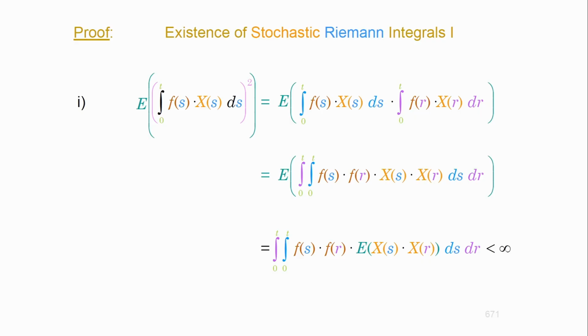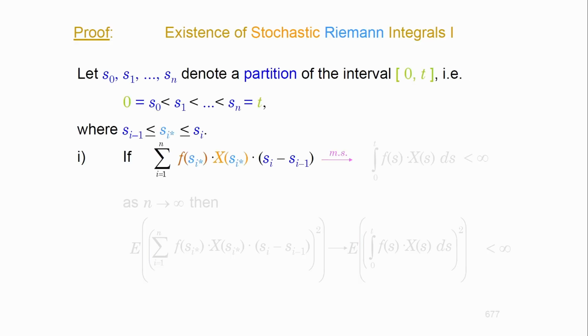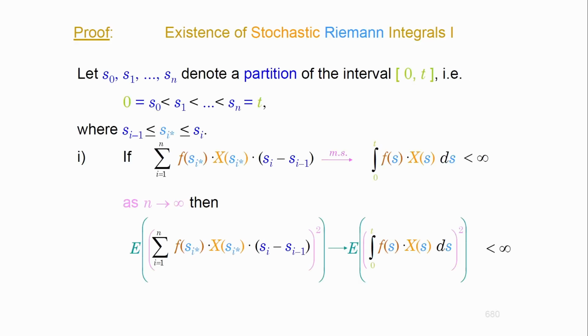If this integral exists, which means that the limit of this sum exists, as the number of subintervals on the partition increases, then this sum, which is a deterministic expression since it's an expectation, is converging to that, and that expression equals the double integral that you saw, which is also finite, because the moments are also converging if a sequence of random variables converges in mean square to another. All right? That's basically the issue.